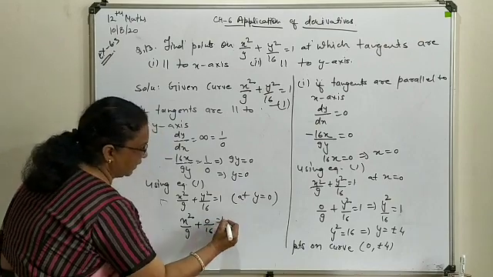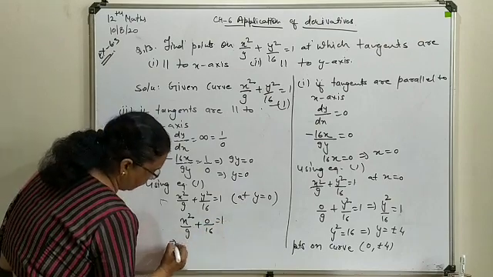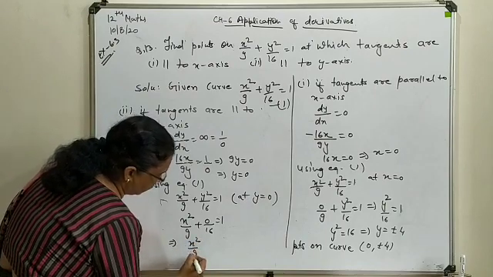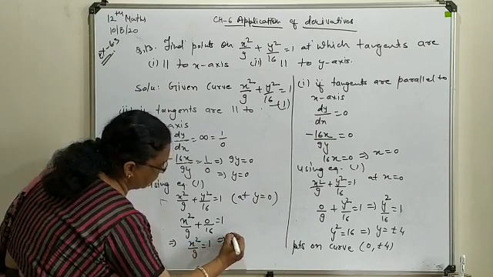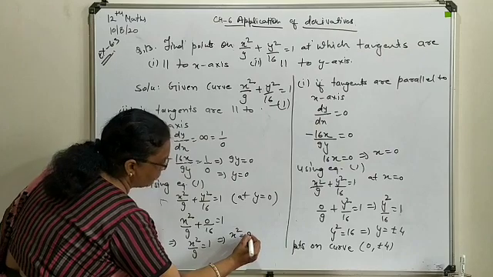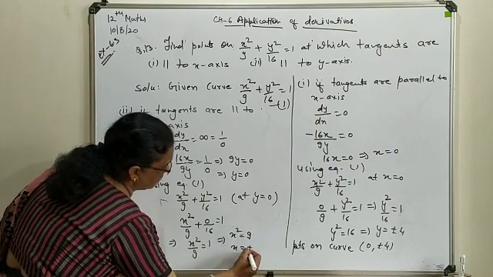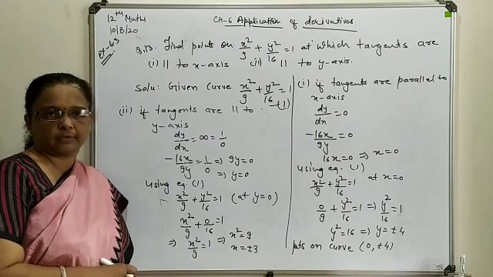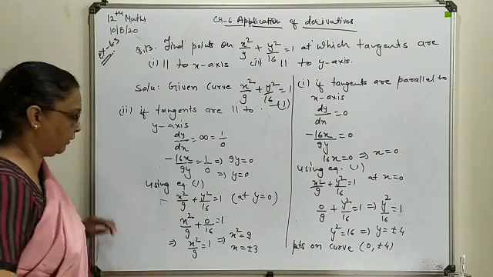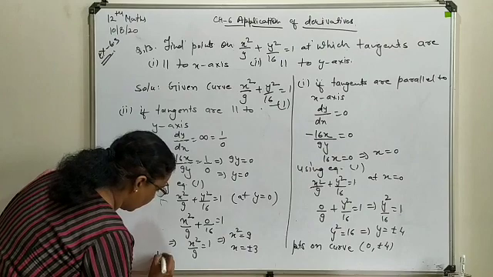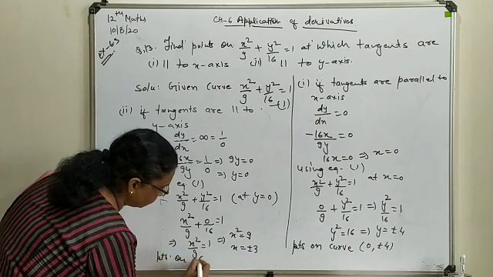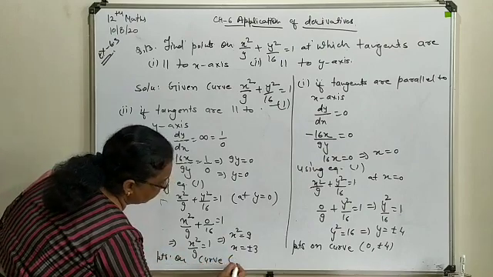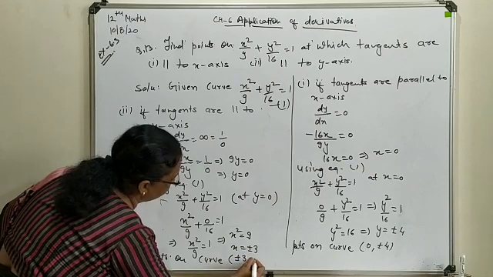So it will turn as x square upon 9 is equal to 1. Further it will give you x square is equal to 9. So x will turn as plus minus 3. So this way we are having another pair of solutions. Points on the curve we are having are plus minus 3 and 0.